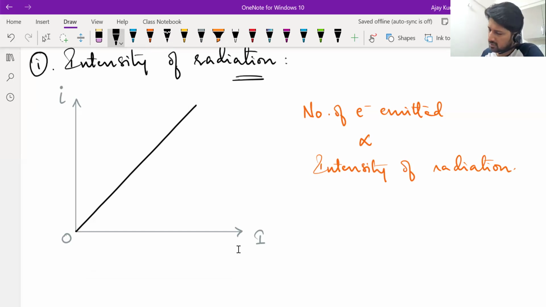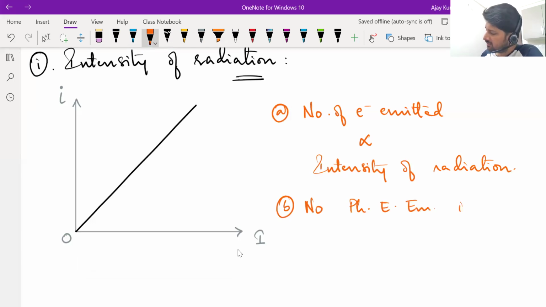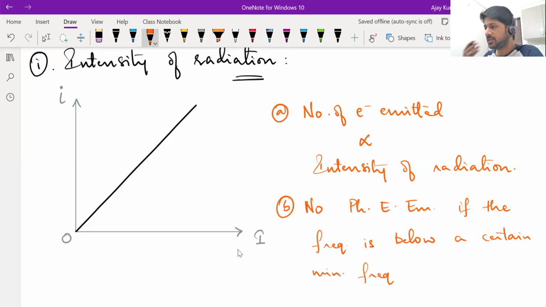So this is one observation, that the number of electrons emitted is proportional to intensity of radiation. Another observation is that there is no photoelectric emission if the frequency of radiation is below or less than a certain minimum frequency, irrespective of intensity.